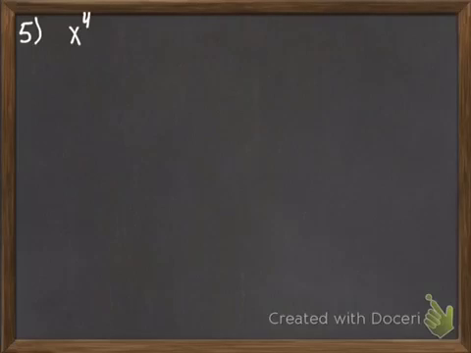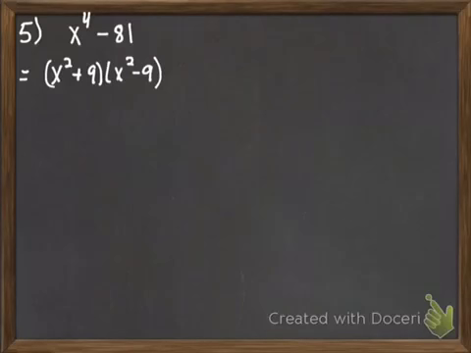Here we have an x to the 4th minus 81. And we'd like to factor that. So we begin by saying, well, x to the 4th, that's x squared. Would be what we would multiply times itself to get x to the 4th. 81 is 9. So we'd write that as x squared plus 9 and x squared minus 9. Now we're not quite done yet. Look at what's there.